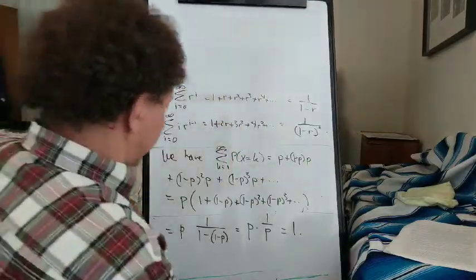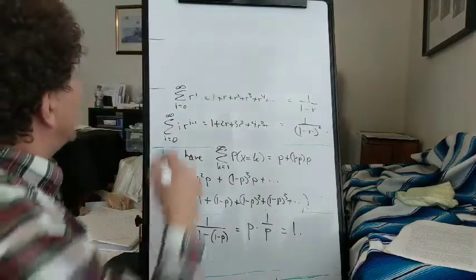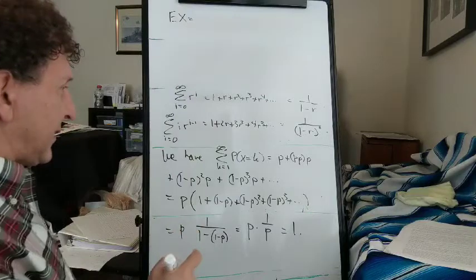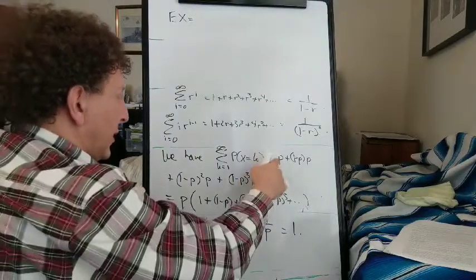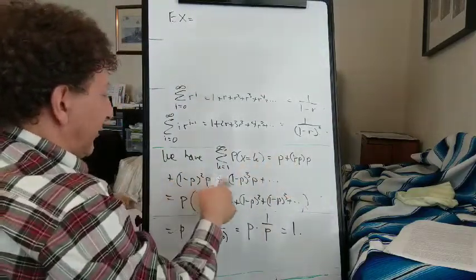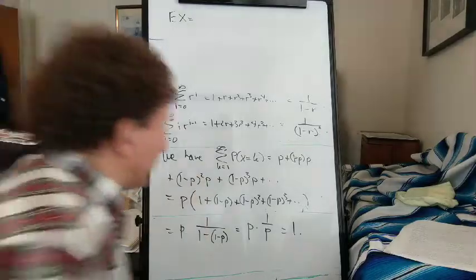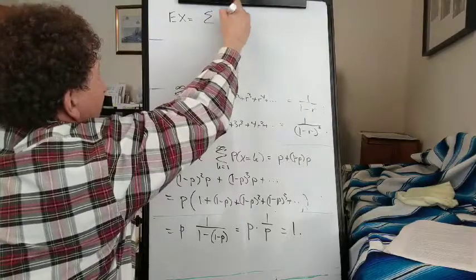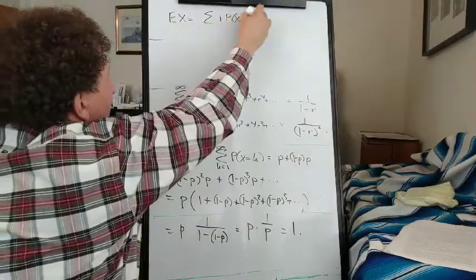Sorry, the expected value of x. So it's basically the same sum, except we're going to put a 1, a 2, a 3, a 4 with all the probabilities. So we want i times the probability of x equaling i.